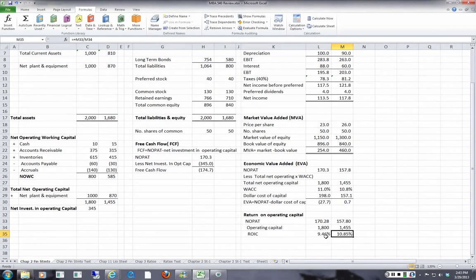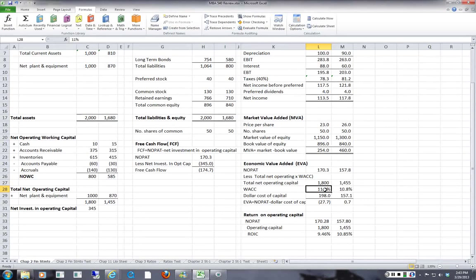Now, 9.46 is not good enough, because in this economic value added, EVA, we've got the NOPAT up there, and we've got that total net operating capital of $1,800,000 and $1,455,000, and the weighted average cost of capital is 11%.